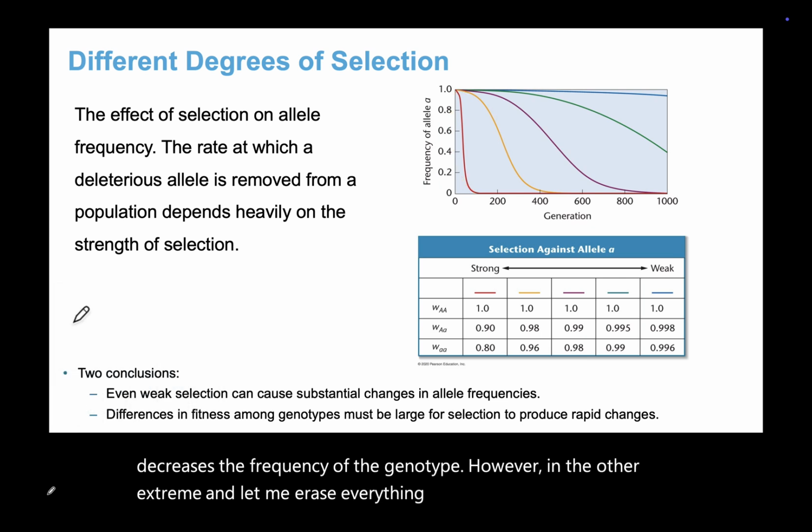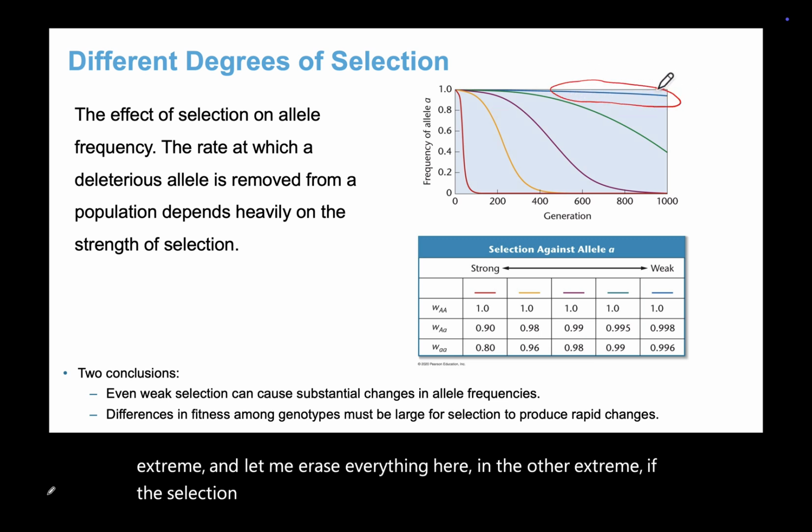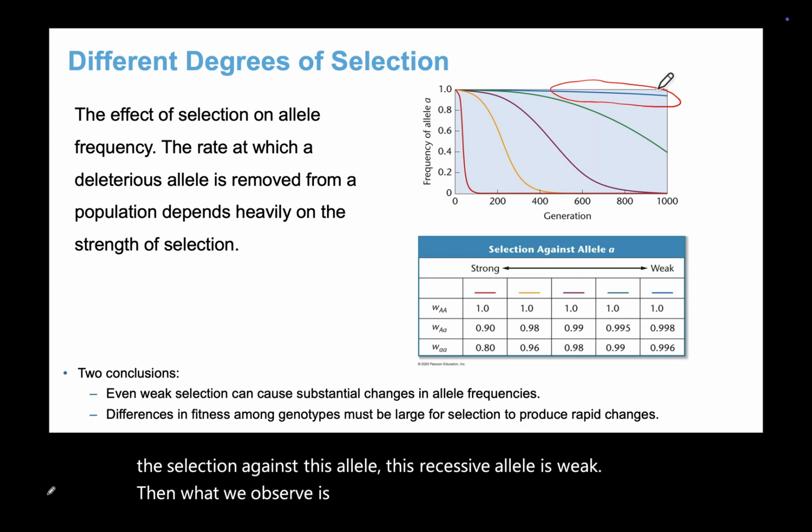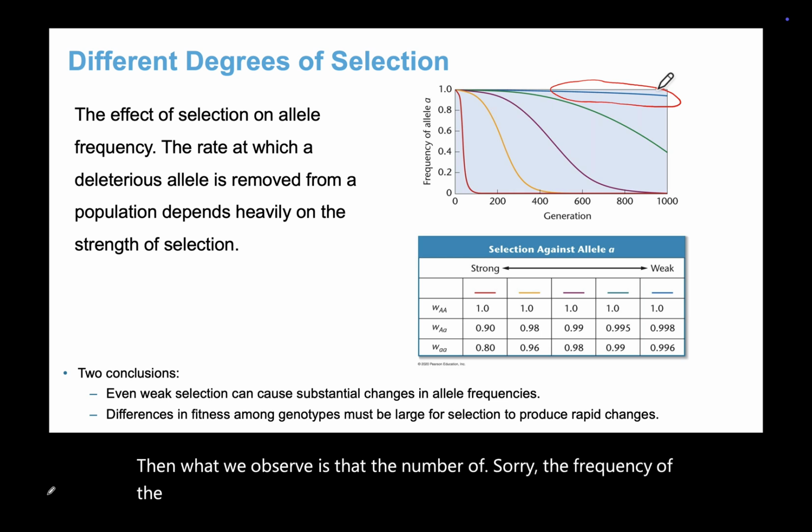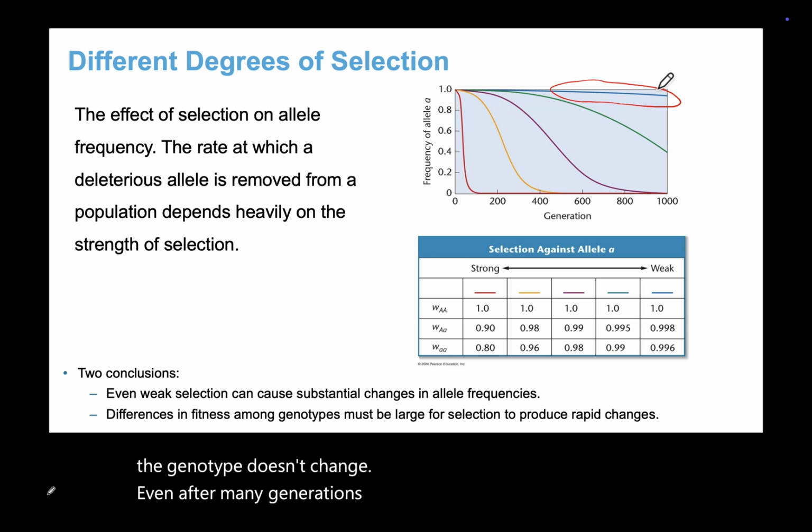In the other extreme, if the selection against this recessive allele is weak, then what we observe is that the frequency of the genotype doesn't change even after many generations, or changes in a very slow manner, okay?